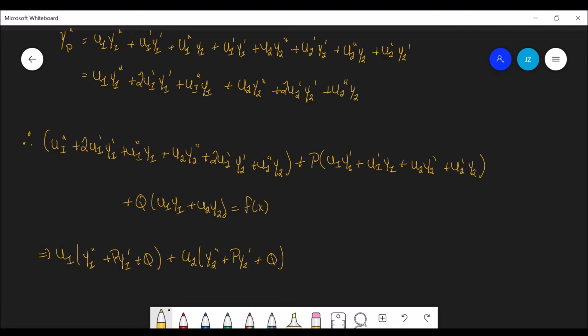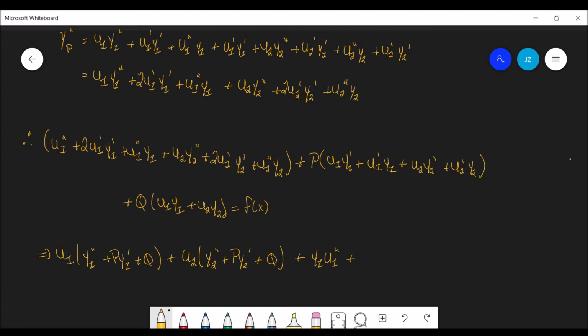Now we're going to have plus y1 u1 double prime, plus, I will now separate the two u1 prime y1 prime and the two u2 prime y2 prime into two separate terms.